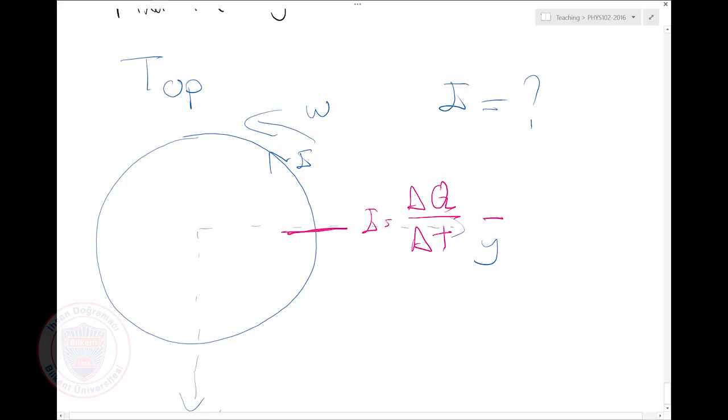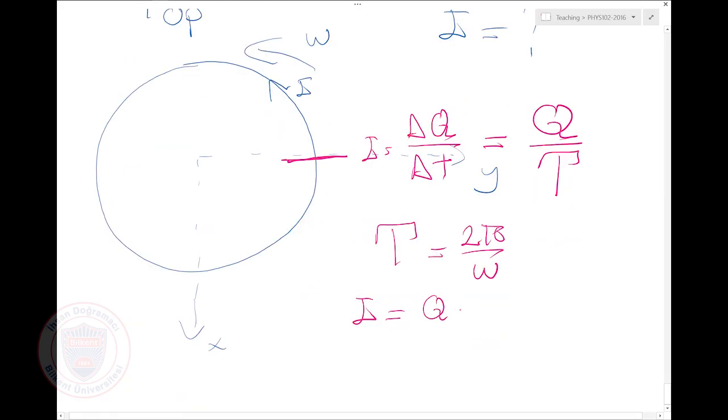So I would say it would be Q divided by the period of rotation. Now if I know angular velocity omega, what is the period? 2 pi divided by omega. So my current apparently is Q times omega divided by 2 pi. Alright?